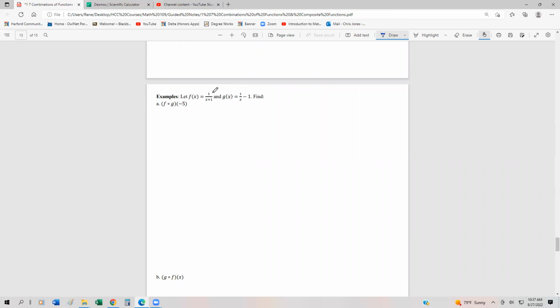In this one, we have f of x equals 1 over x plus 1, and g of x equals 1 over x minus 1. We're asked to evaluate f evaluated at g at negative 5. That means we're going to take g and substitute it back into the x and then simplify. So f at g at x is going to be 1 over 1 over x minus 1, plus 1.